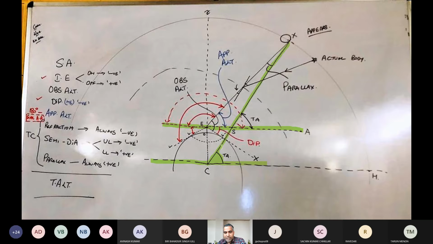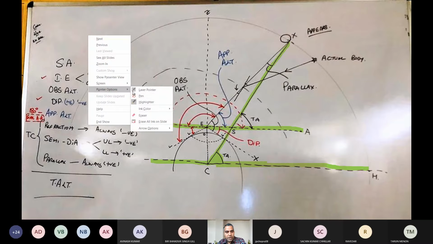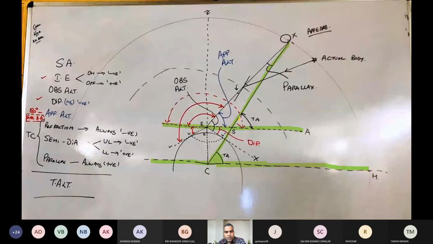So if this angle XCH is our true altitude, then angle XSA, let me mark it with some other color, the yellow color or the orange color angle which I have made, both these angles, the green angle and the yellow angle, should be same. So which means this is our true altitude.